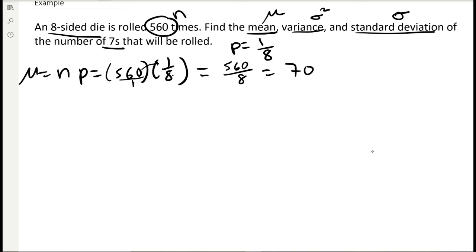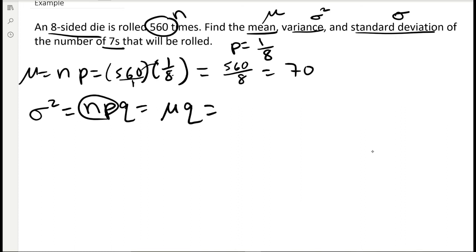Now, if you look at the variance, that's just going to be whatever we got for the mean, because this part right here is the mean, mu, and then multiply that by q. So we got 70, so we're going to plug that in there, save some time. So we got 70 times q. How do we find q again? Well, we know that p is 1/8, so q has to be 7/8.